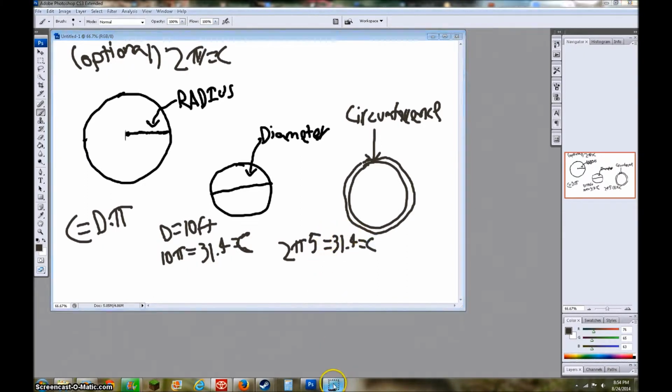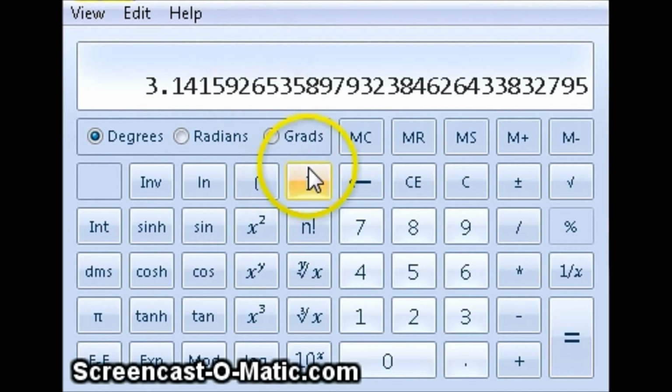That's one way to find the circumference of a circle. Like you just saw in Photoshop, it can be used for finding the circumference.